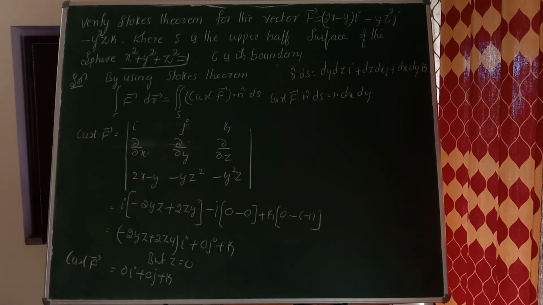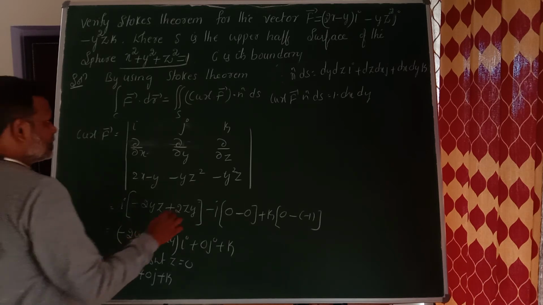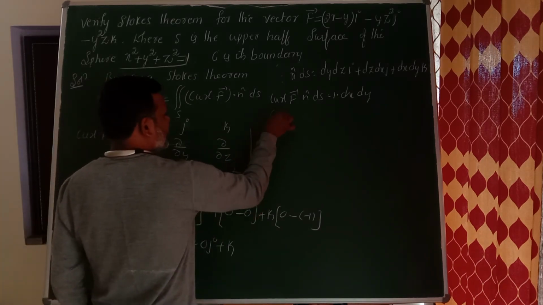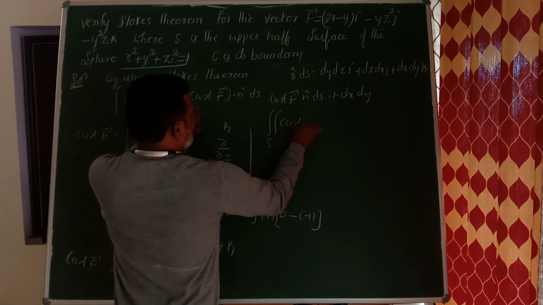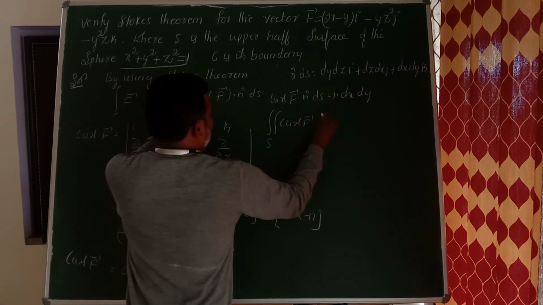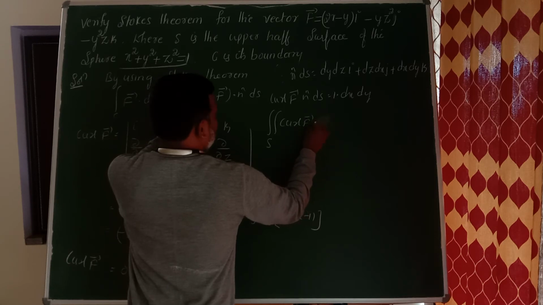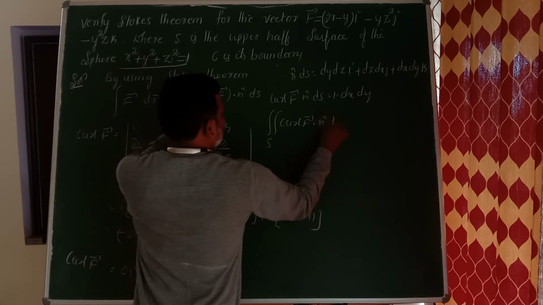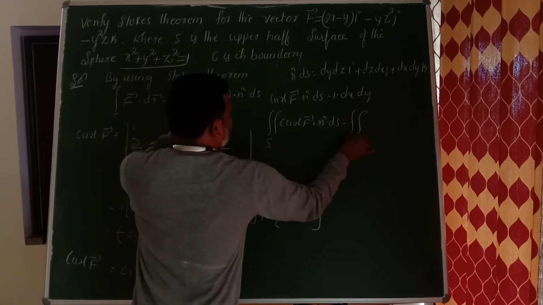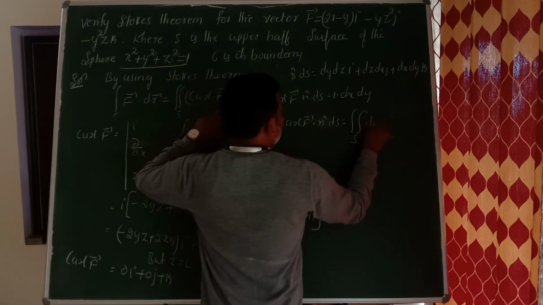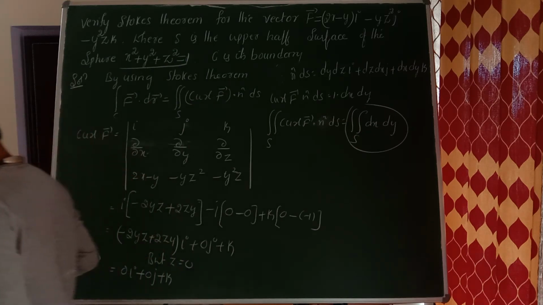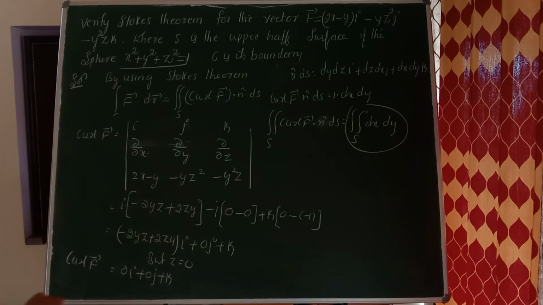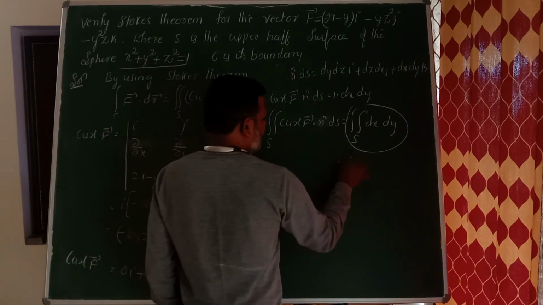Okay, now we have to make this one. Therefore RHS part, double integral over S of curl F dot n cap dS is equal to double integral over S of 1 into dx into dy, and you know that this is nothing but the area of the curve.